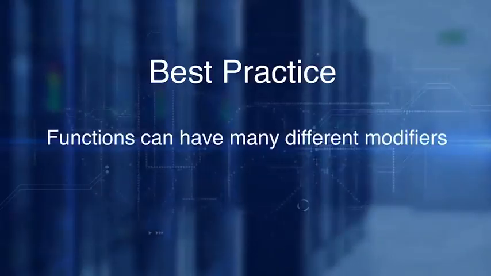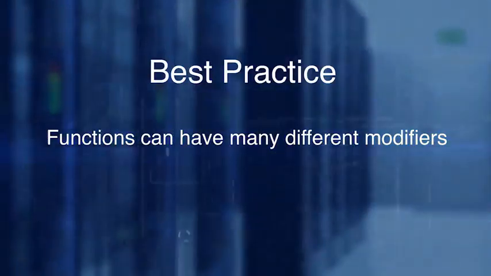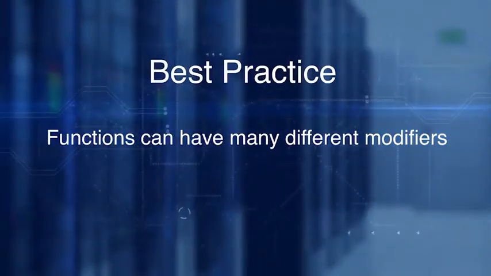Within a grouping, place the constant functions last. Functions can have many different modifiers. Functions have visibility modifiers as well as predefined and custom access modifiers. The visibility modifiers for a function should come before any custom access modifiers.